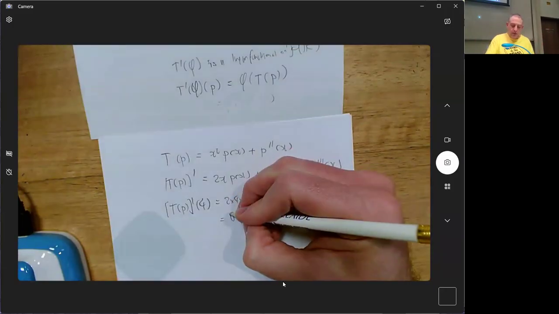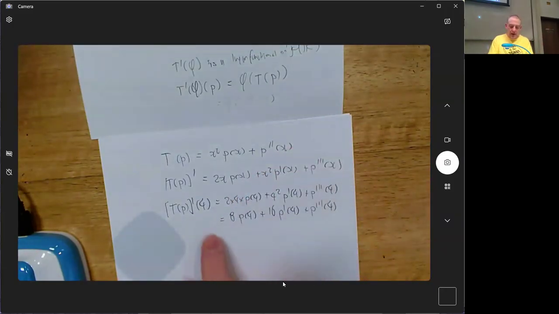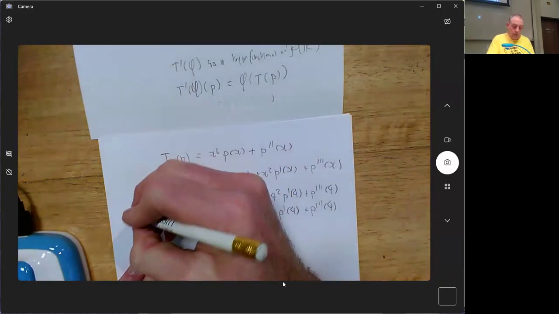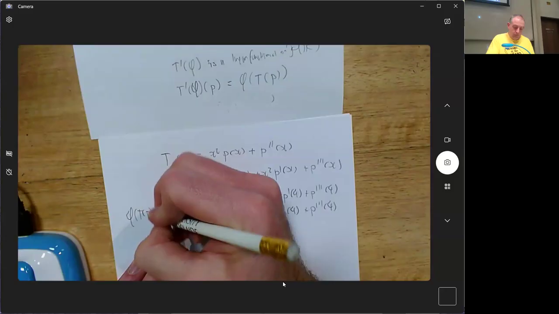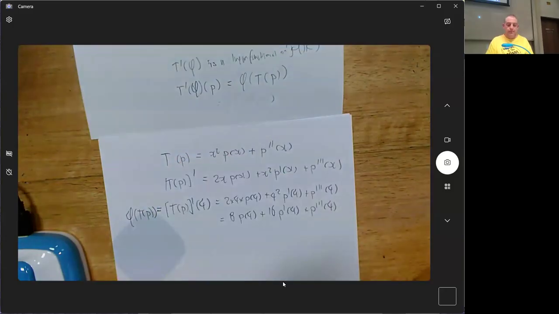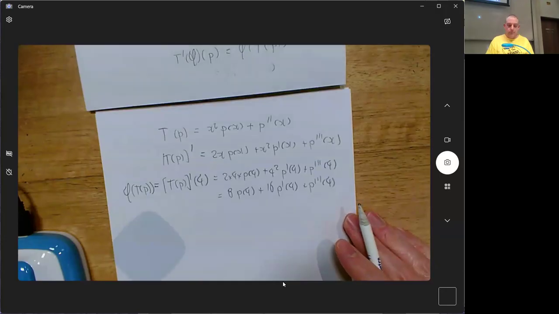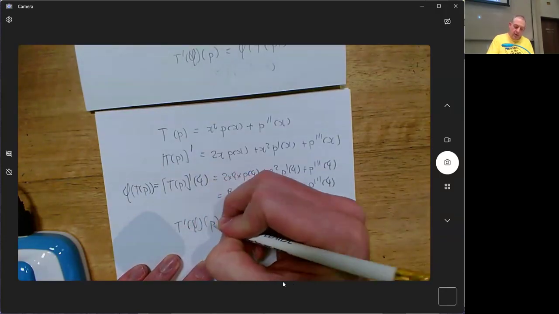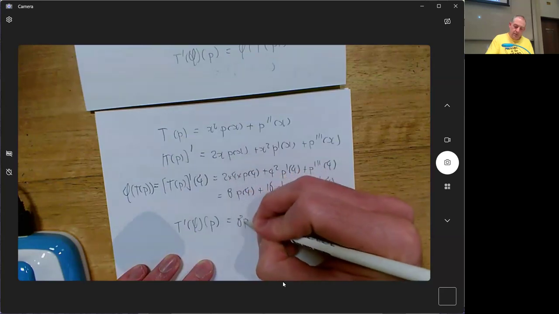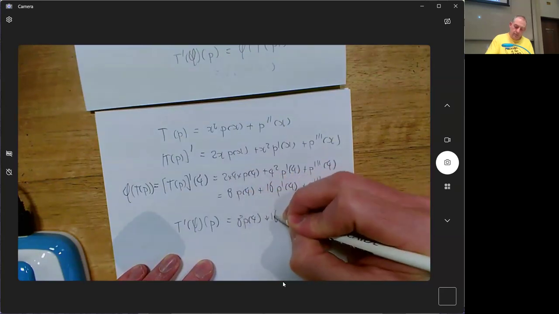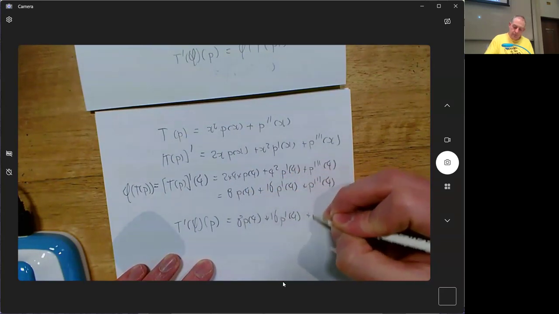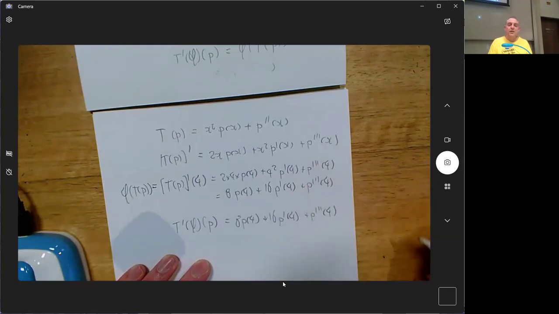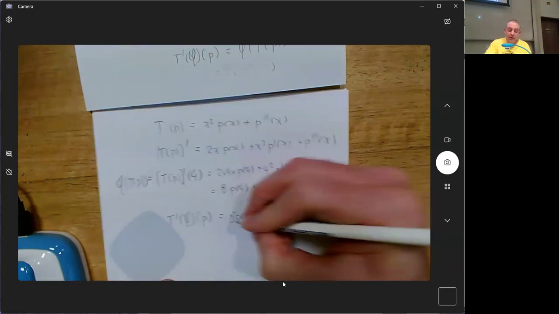Sure. And this is phi of T of P. Yep. So T dashed of phi of P is this. It's not particularly edifying. Does this book have answers?